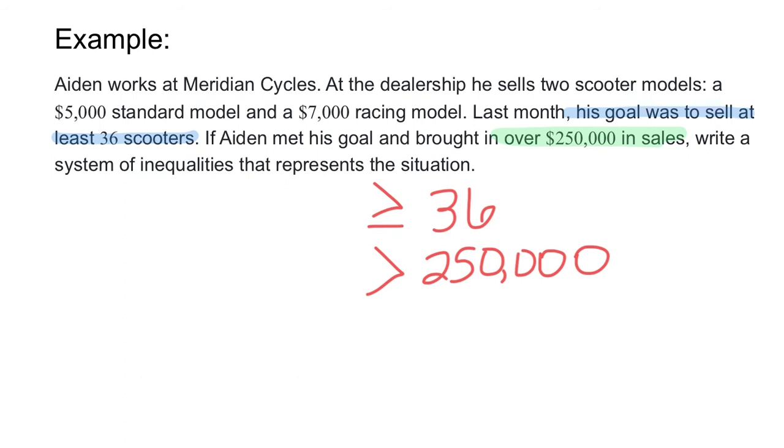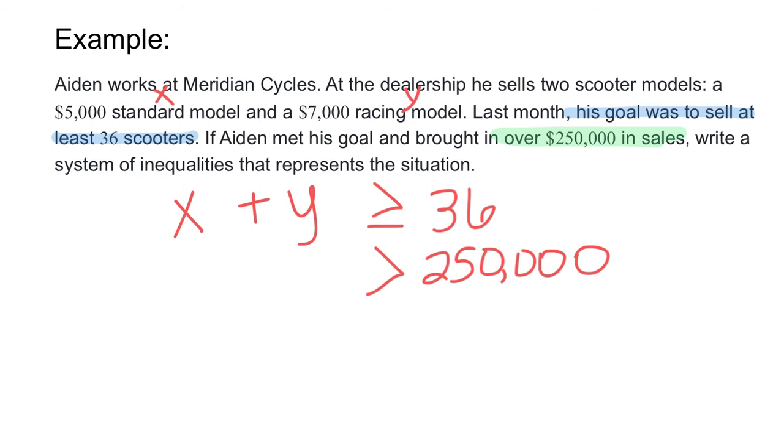The 36 is the number of scooters he sold. So we can write an inequality that shows that he could sell X standard model scooters plus Y racing model scooters to get that 36 scooter total. So X would be standards and Y would be racing. And then the one about 250,000, that's money.